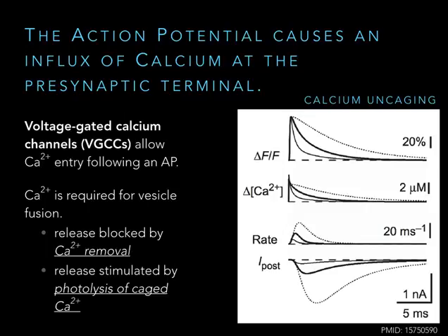The solid line, the thin one, you can see a very small inward current. That translates to the lowest level of calcium. The thick line, the intermediate level of calcium, gives you an intermediate excitatory postsynaptic current. And the dotted line, where we had the greatest amount of calcium increase in the cell, gives you the greatest postsynaptic current because you had the greatest amount of neurotransmitter release.